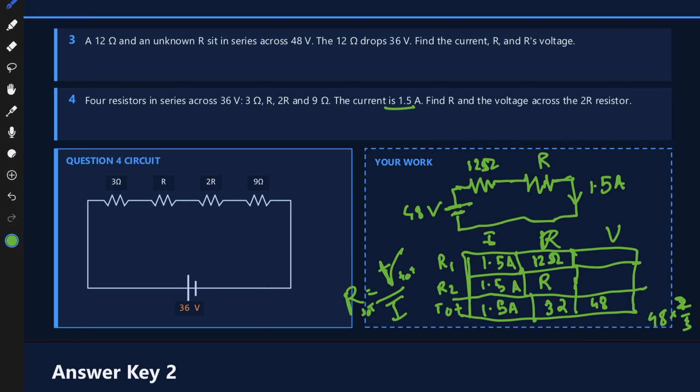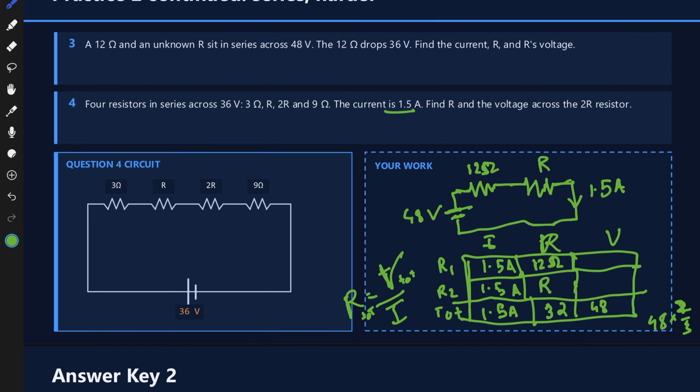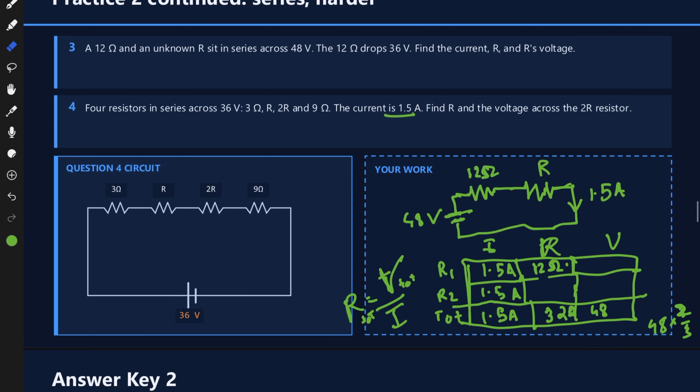All right. So 12 ohms plus R ohms is going to give you 32 ohms here. So R has to be 20 ohms, right? 20 ohms. So 12 plus 20 gives you 32. Makes sense. Voltage is just I times R, right?